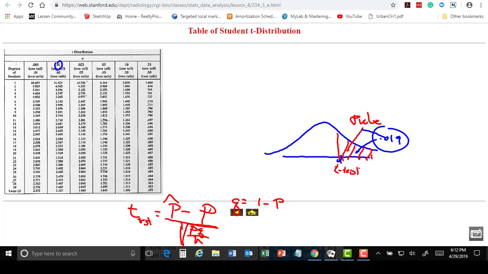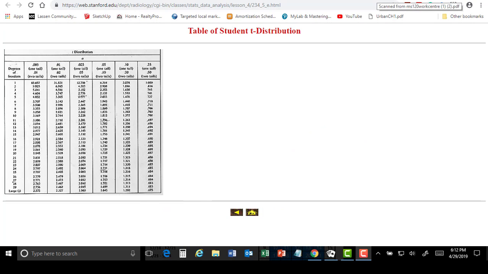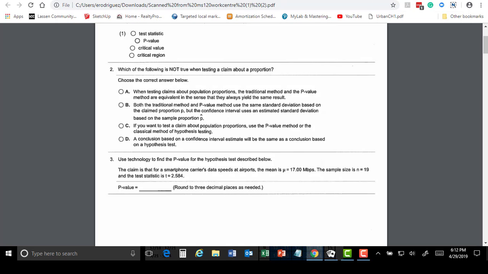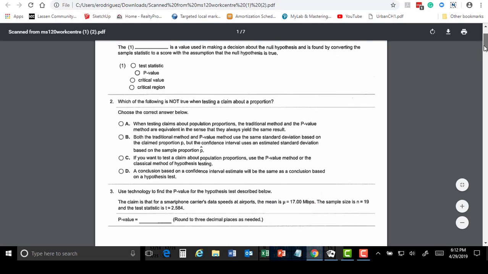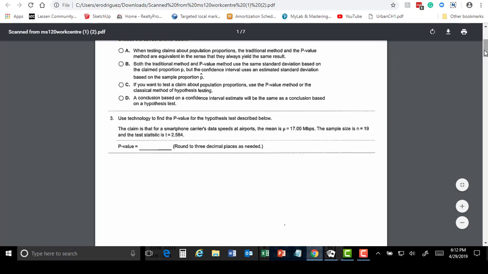Okay, so first, they did this calculation in this problem that we're doing. We already did that. That was D. Now, there's where you put in your p-value.